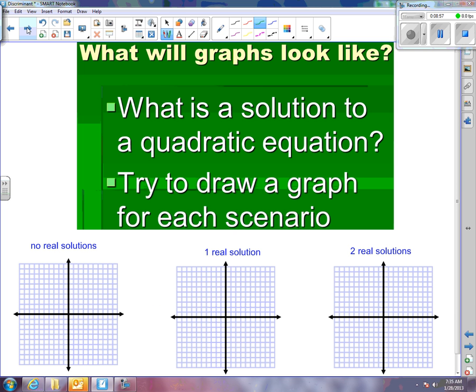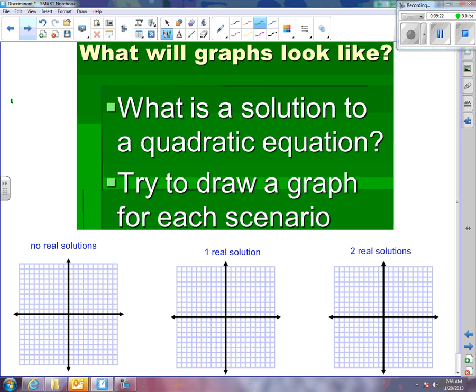So now I just wanted to take a moment to talk about what these graphs would look like. So if you have a situation where there's no real solutions, remember that a solution to a quadratic equation we often refer to as the roots of the quadratic equation or the zeros of the quadratic equation. That just means how many times this graph will hit the x-axis.